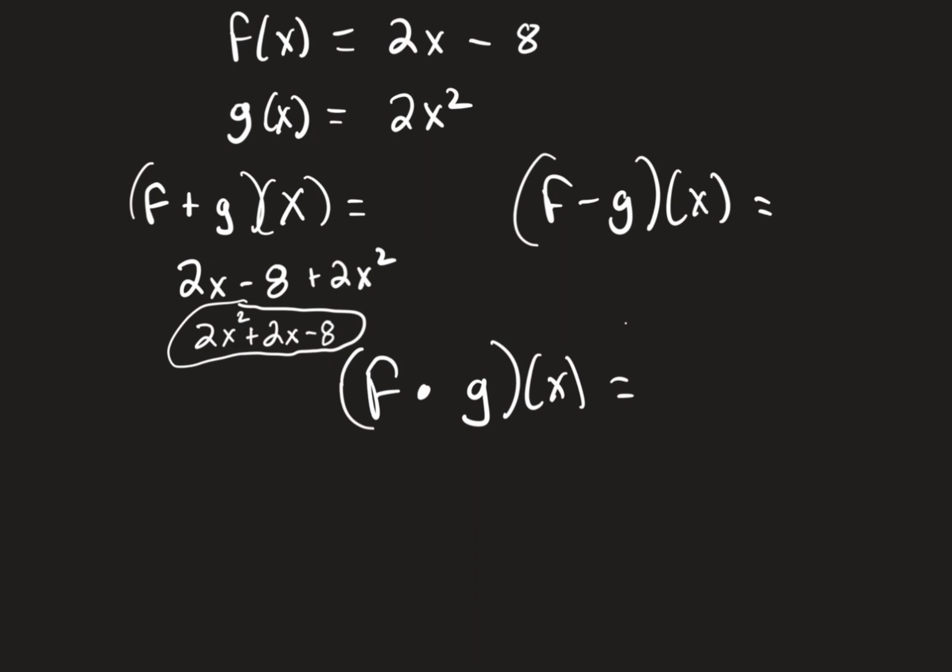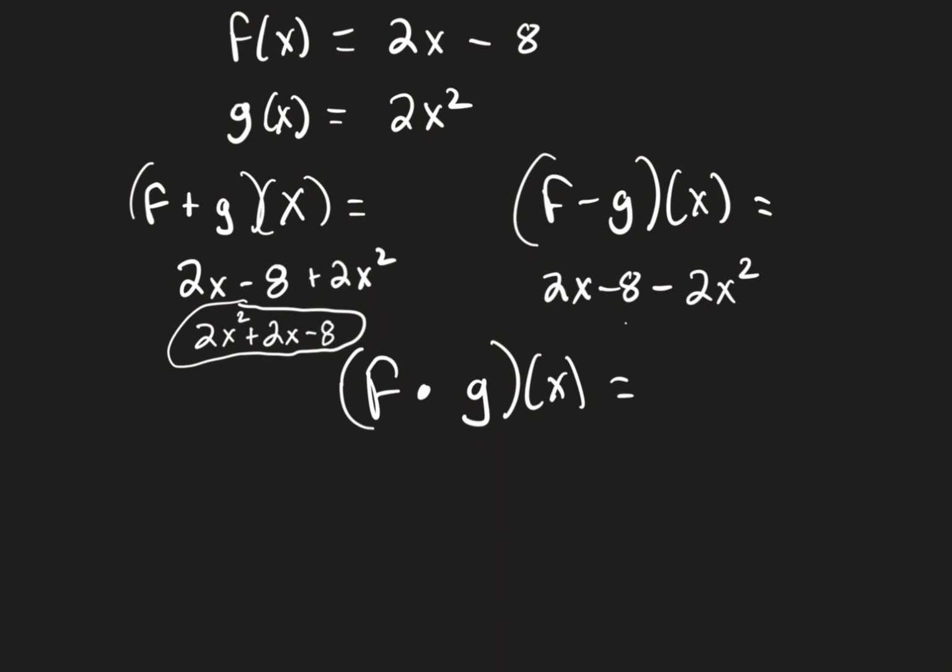With the second one, we're subtracting f minus g of x. So if I take my f of x function, that's 2x minus 8, minus my g of x. There's really no reason to put this inside of parentheses now.